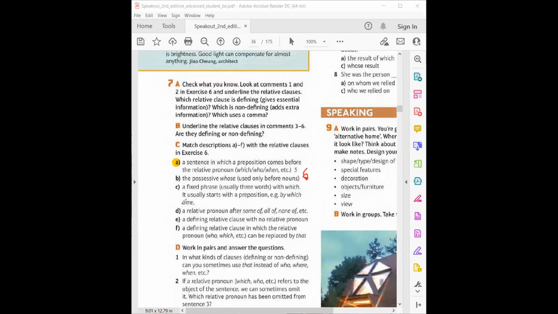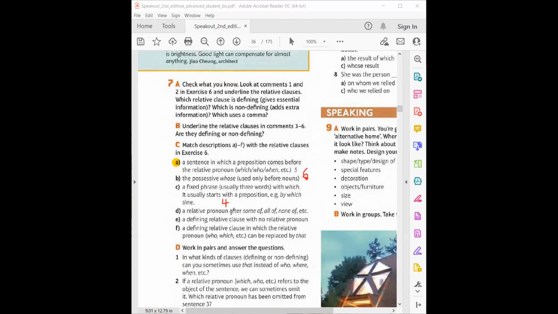All right, what about C? A fixed phrase, usually 3 words, with which? I think number 2, none of which. It's, well, it's 4, number 4.